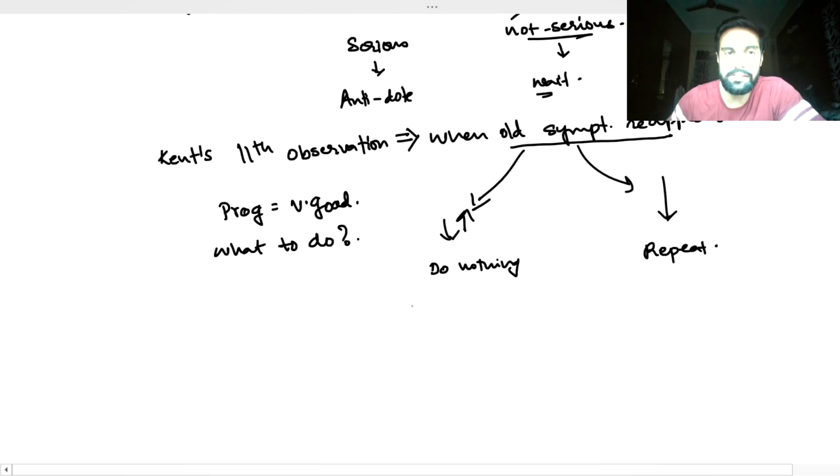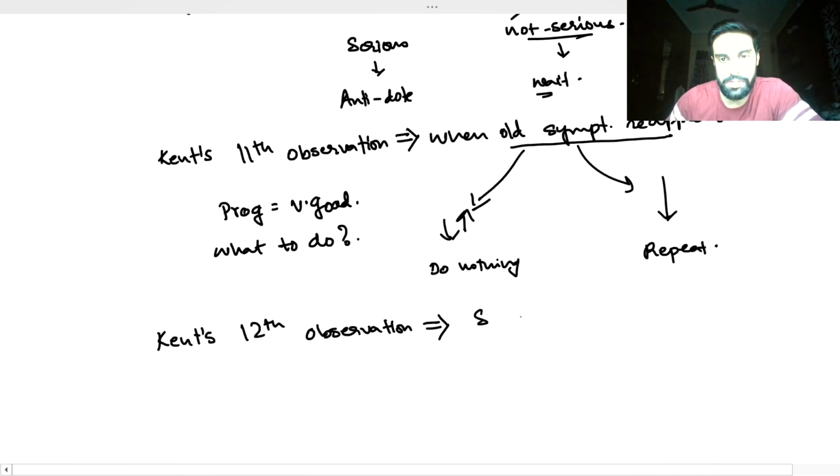Next is Kent's 12th observation. Symptoms take wrong direction. It means that the medicine given was wrong.